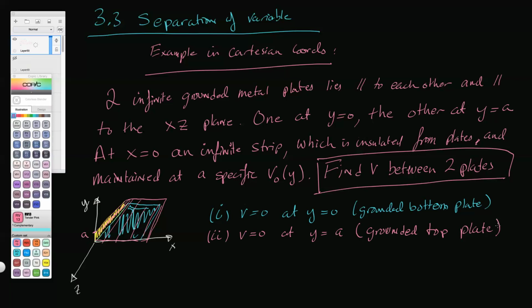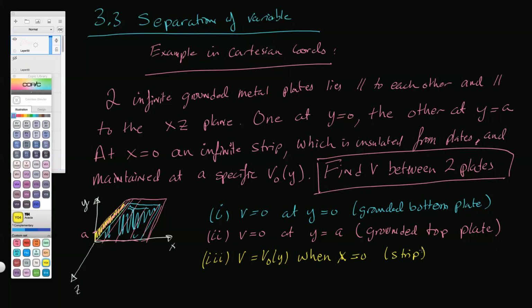For the yellow strip, we have V equals V0 of y on the strip, and that's when x equals 0. Then when we go away from the hot strip, because everything else is 0, everything else has V equals 0.